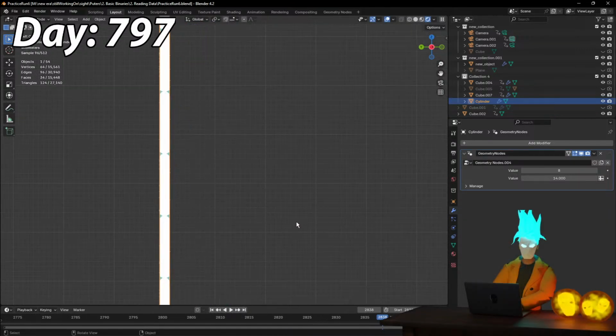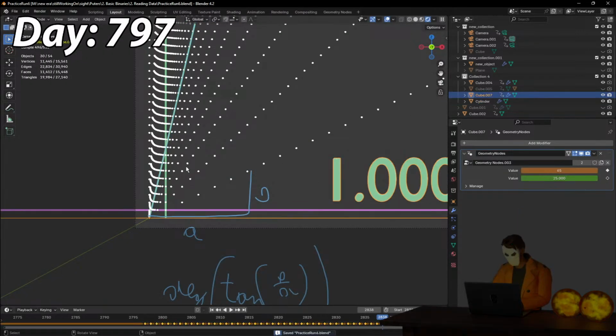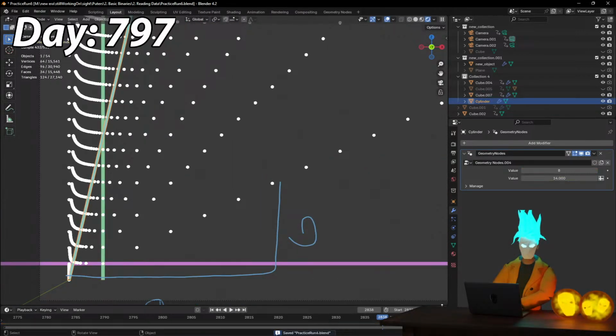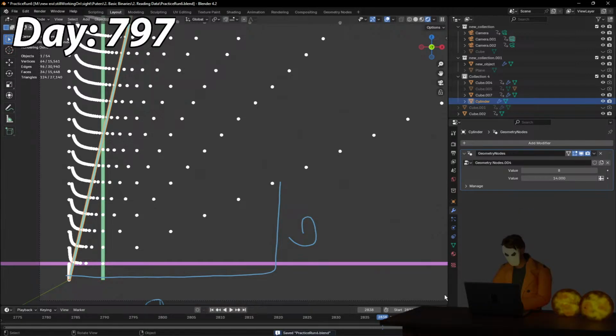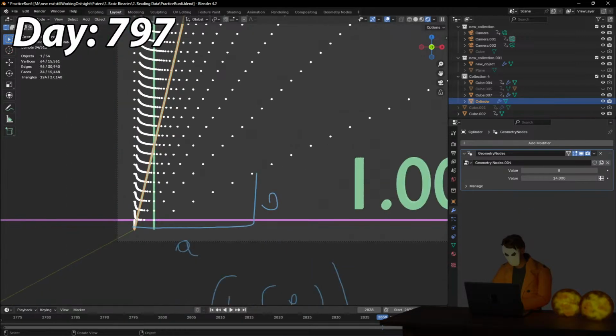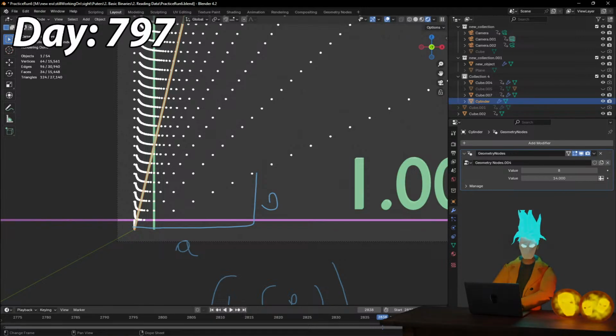The depth is exactly the same. The first point lies perfectly. Let's do 80.